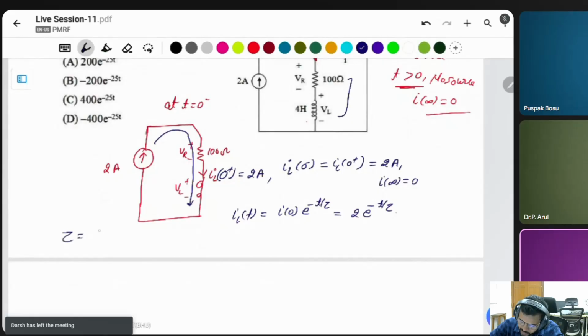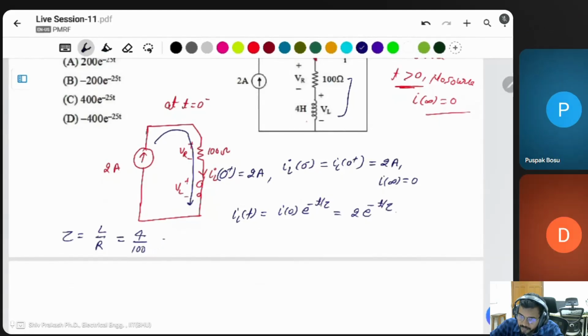Tau is L by R. The inductor is 4 henry, the resistor is 100 ohm, so this will be 1 by 25. Putting the value in, 2 into e to the power of minus t divided by 1 by 25. Then IL is equal to 2 e to the power of minus 25t, in ampere.